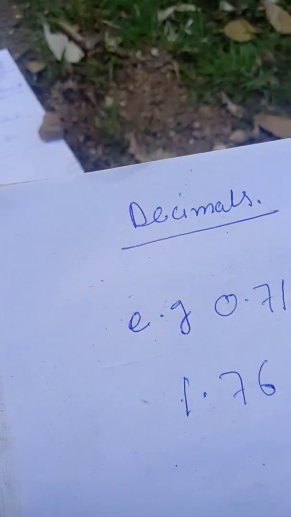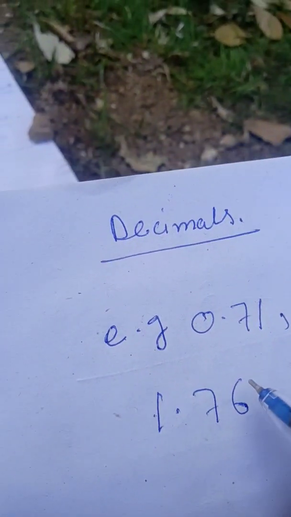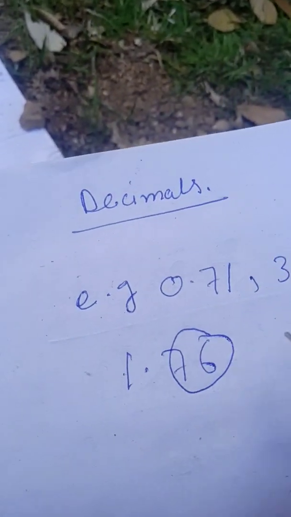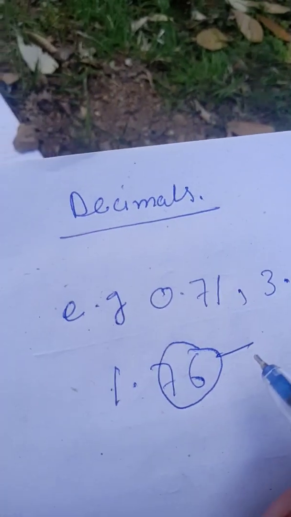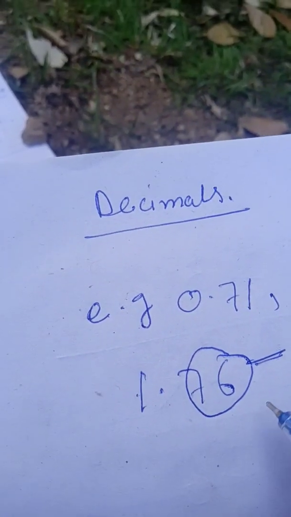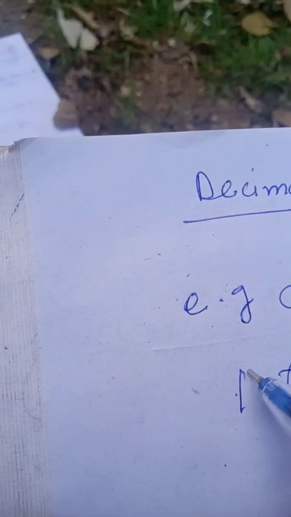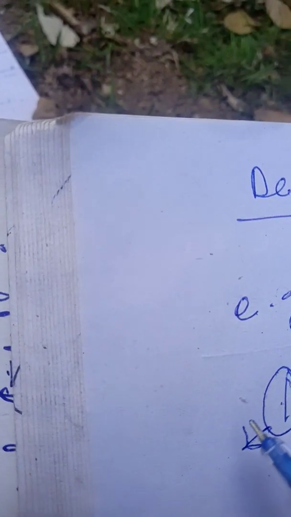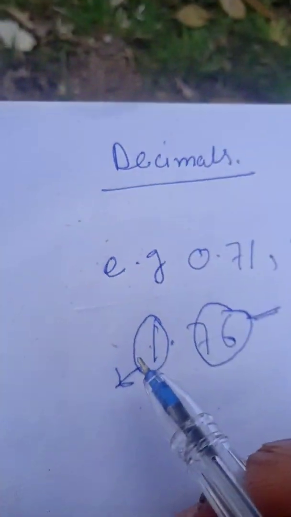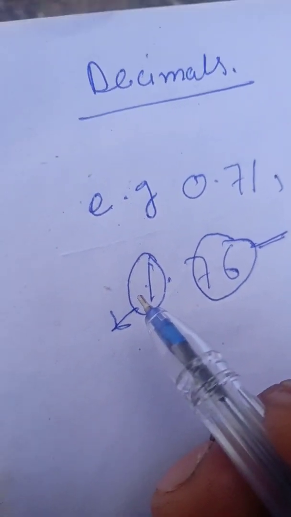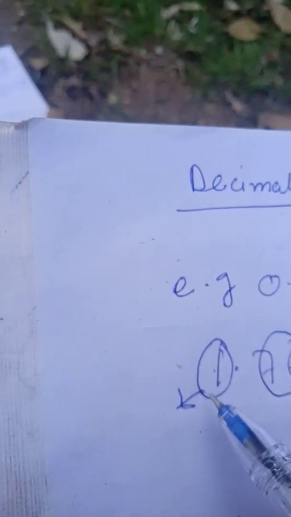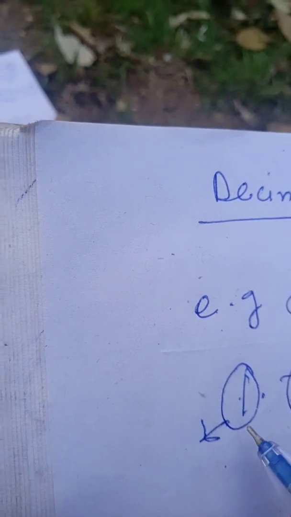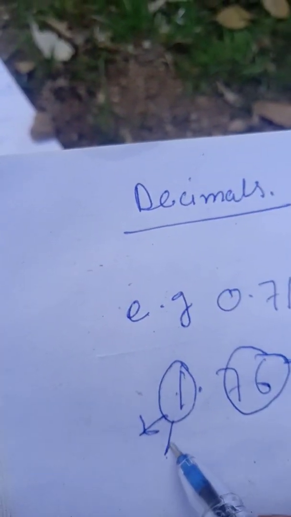Here you can see the whole number part, and the second one you can see is the decimal part.